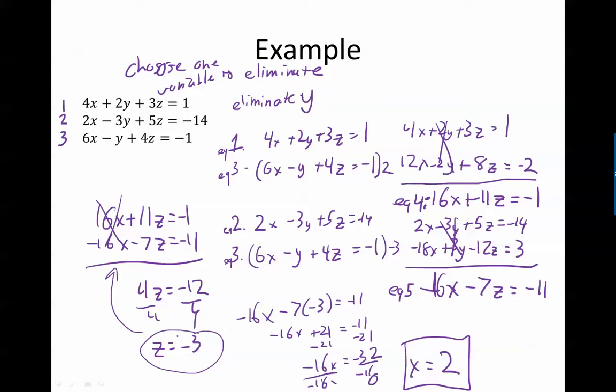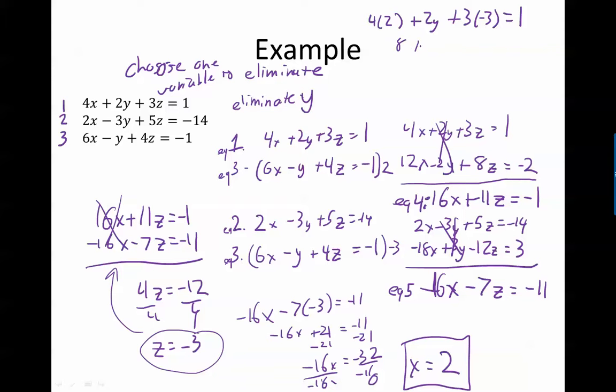Now I have 2 of these solutions. I need to take both of these numbers and go way back to the beginning and plug them in up here in order to find the final solution. So that is going to look like 4 times 2 plus 2y plus 3 times negative 3 equals 1.